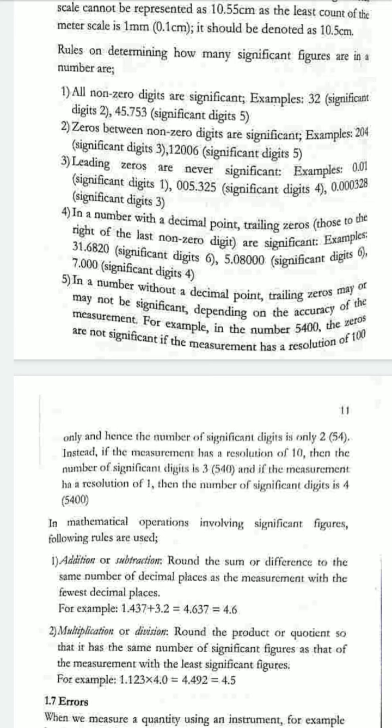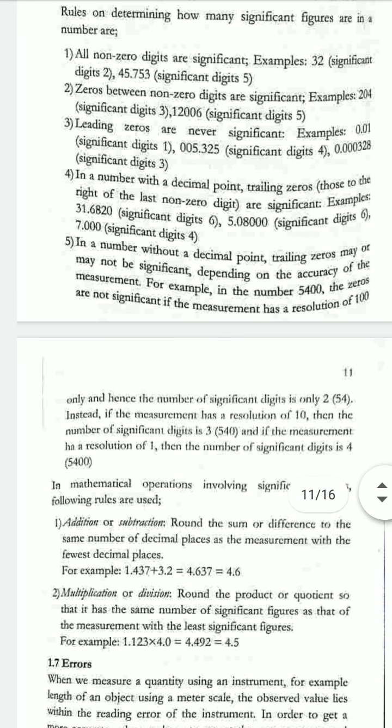If you have accuracy 10, the number will be 540, so 3 significant digits. And if you have resolution 1, then the number of significant digits will be 4; all 4 digits will be significant. So it depends on the resolution or accuracy of the measurement.